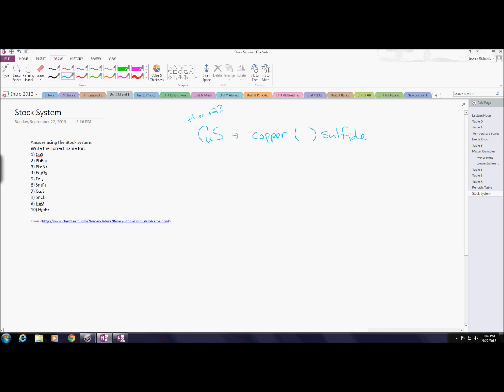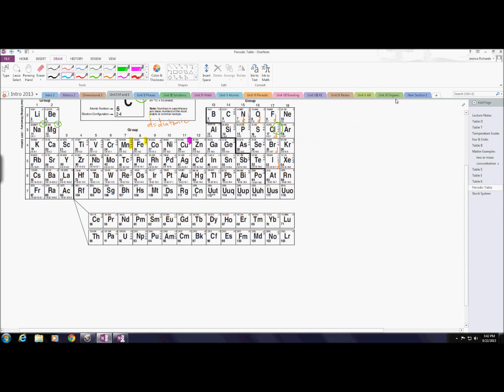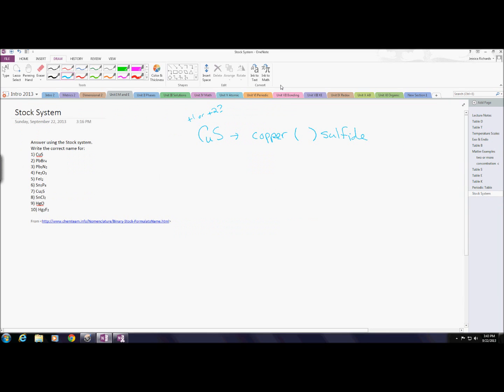So I go back to the periodic table, and I find the sulfur square, and sulfur, when it's negative, is -2, because my choices are -2, +4, +6. So the sulfur must be -2, and the copper is either +1 or +2.